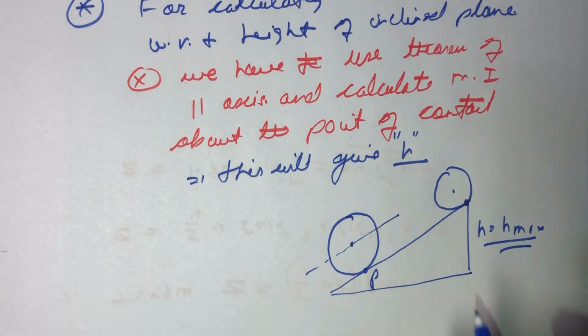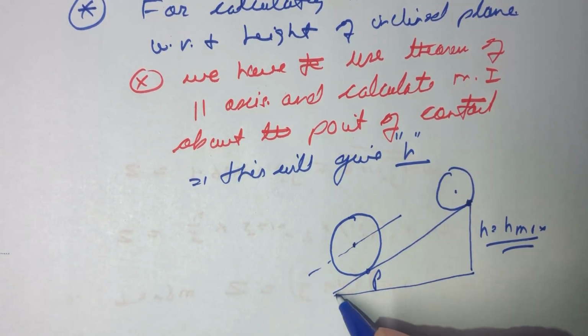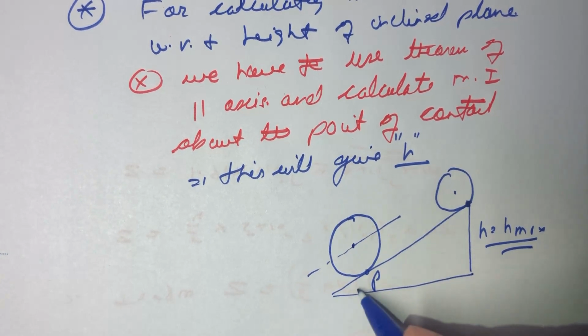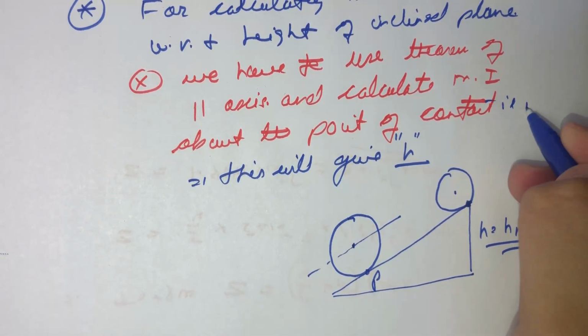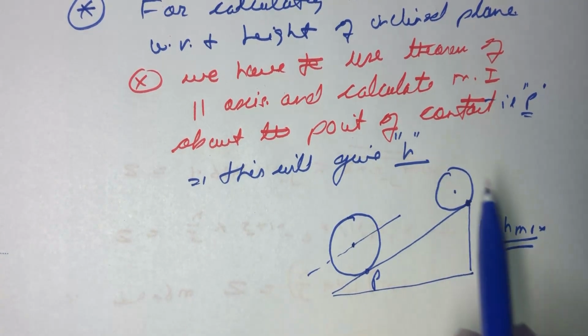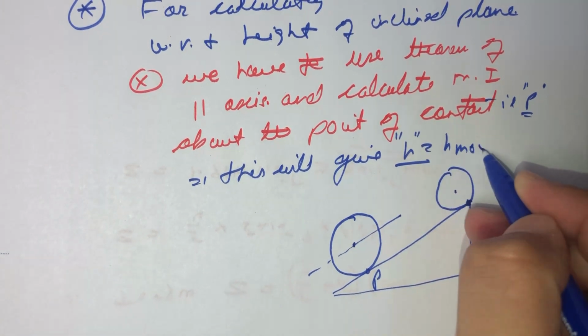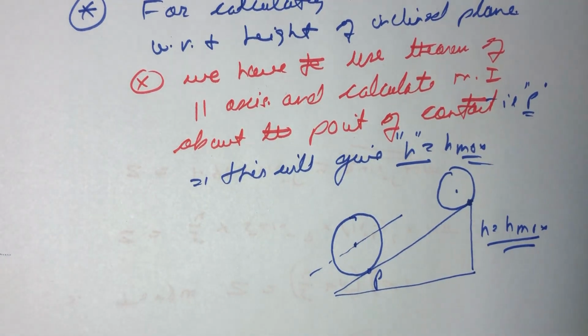So using the theorem of parallel axis, we find the moment of inertia about the point of contact, that is P. This will give us h, which will be our h max. So we can do it either way.